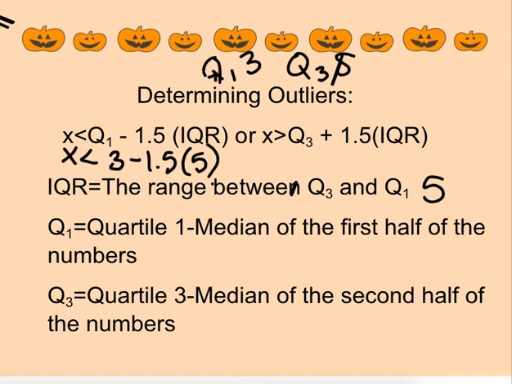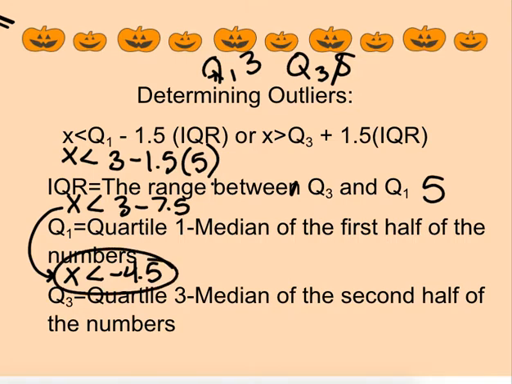Which means a number needs to be below 3 minus, well, 1.5 times 5 is 7.5. So to simplify this even more, x needs to be less than negative 4.5 in order to be an outlier on the low side. Since we don't have something that low, we don't have an outlier on the low end.